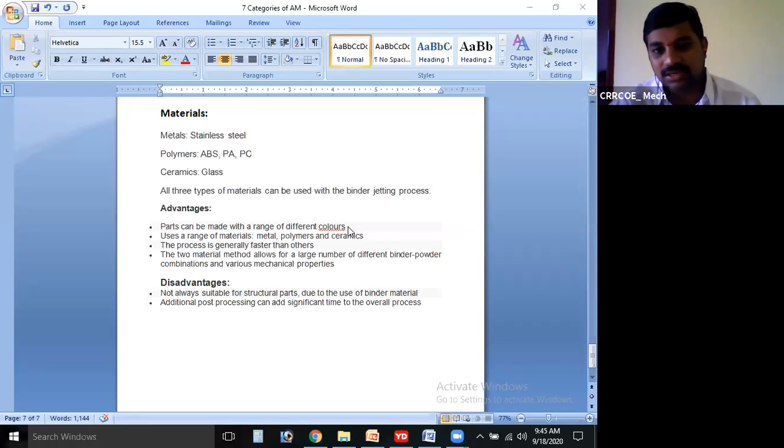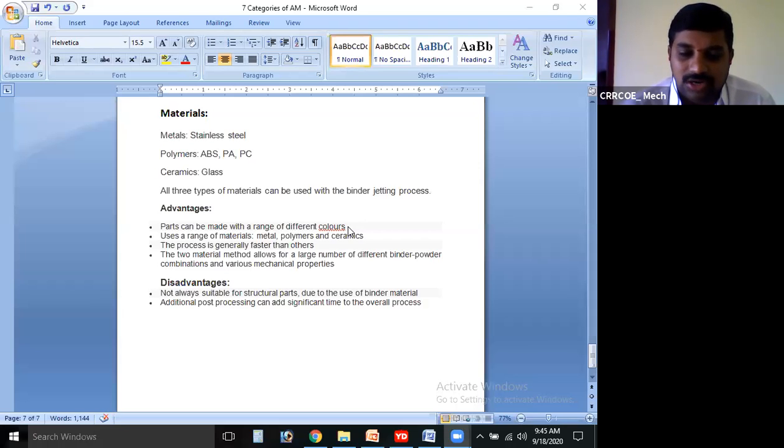Whereas in aerospace applications, they are always going to think about weight minimization. It should travel with high velocity, and it must have a high strength to weight ratio.